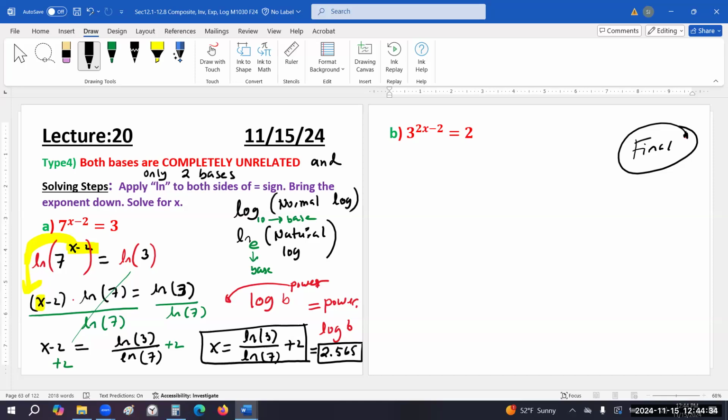For your next exam, you definitely need a calculator. There will be a few questions in the calculator part.